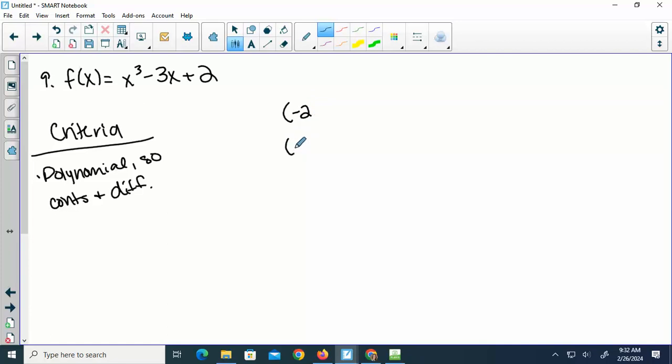My endpoints were -2 and 2. So we need the y values. If you plug -2 in, you get 0. Plug in 2, you get 4. So if we do the slope, y2 minus y1 over x2 minus x1, we get a slope of 1. So it means the derivative has to equal 1.